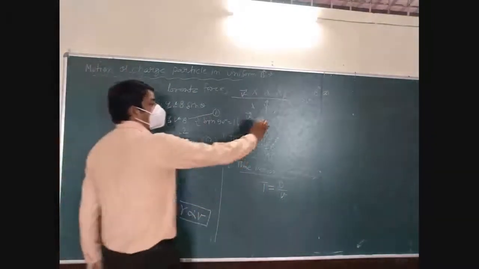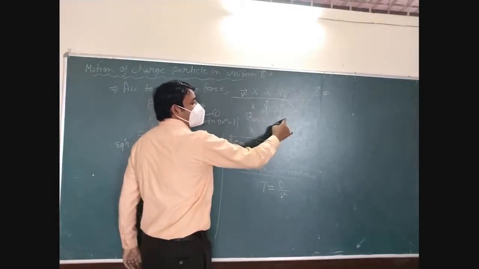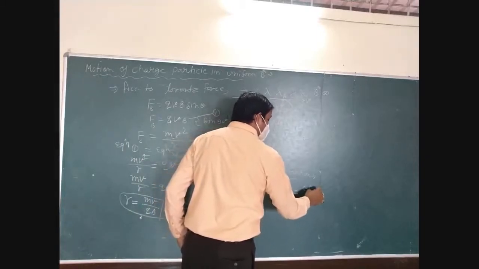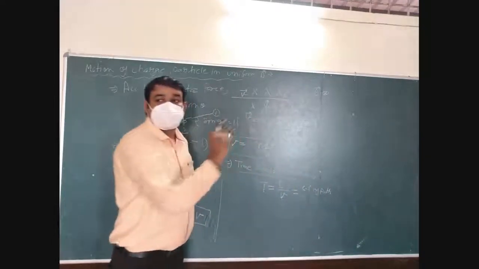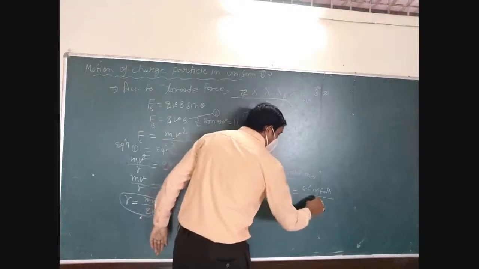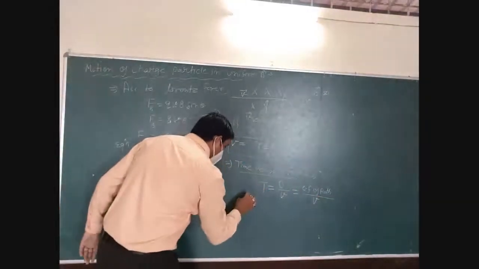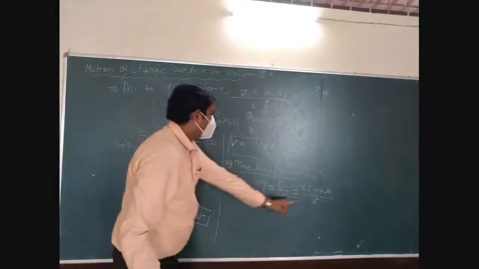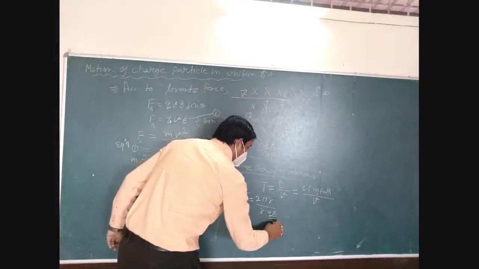Here the distance covered by the particle in a circular path of radius r is equal to the circumference of the path, 2 pi r, and the velocity is rqB upon m.